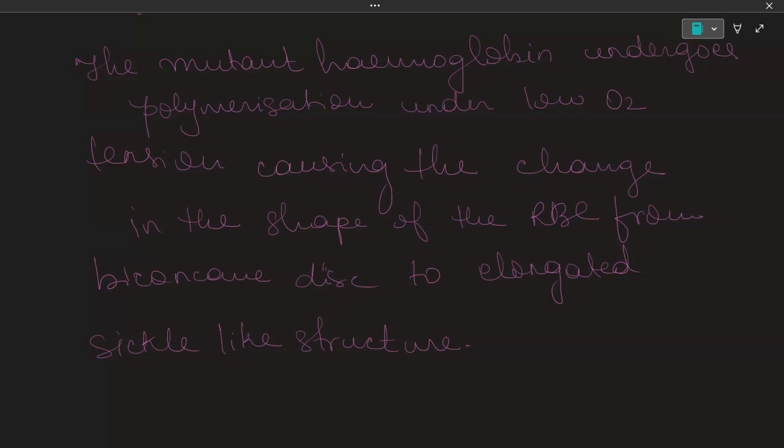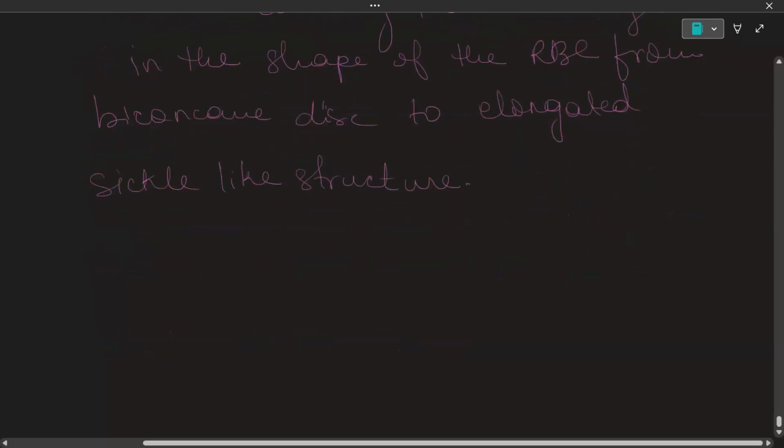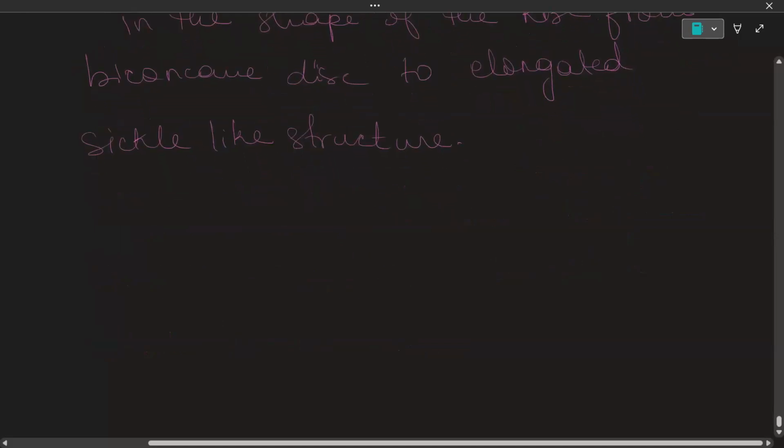Okay. Now, let us write down the language for phenylketonuria. Since it is an autosomal disease, you just need to know about it and there is no need to actually create the crosses for it. So phenylketonuria.